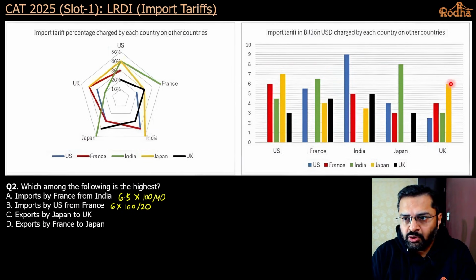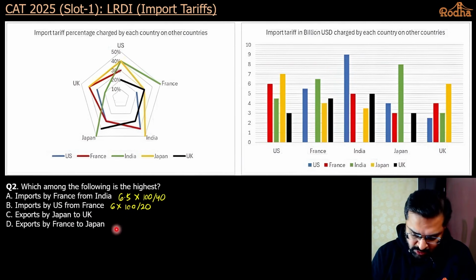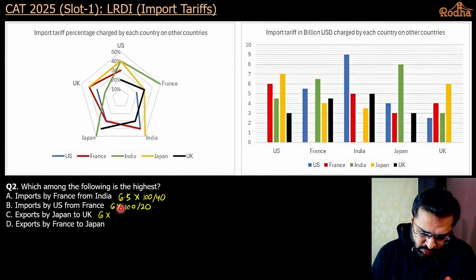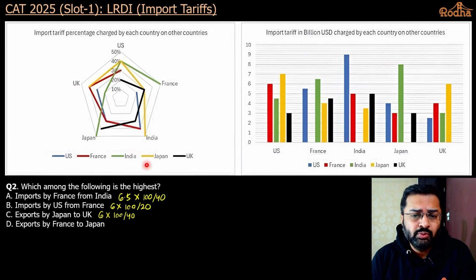So UK, Japan, how much is this? This value is 6. So this again is 6, and this is again UK, which is this black bar, and where do we have to go? Japan, black, Japan. So this is the value. This is 40% again. So this is 6 into 100 by 40. Let me just write all 4 of them.